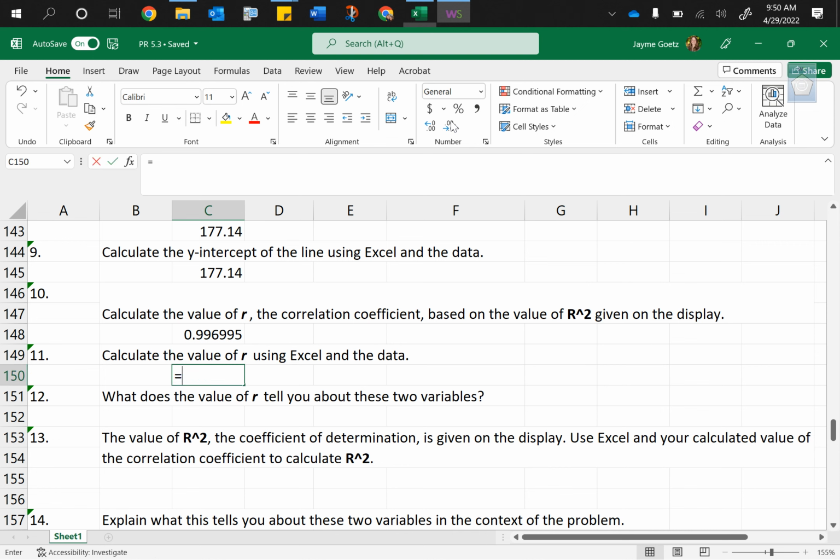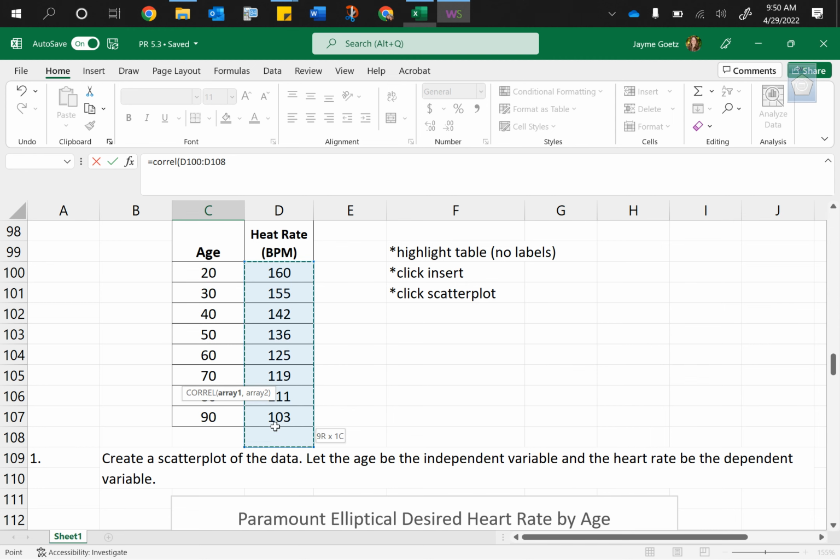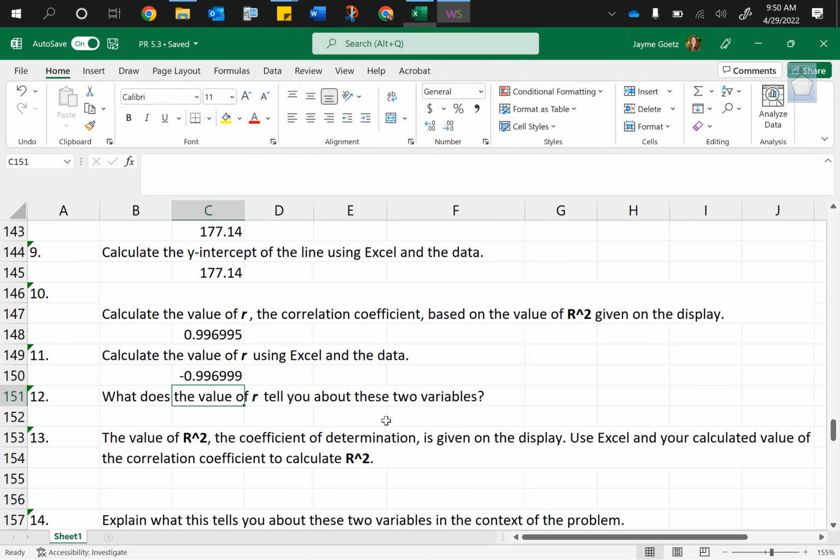Then they want you to find the value of r using Excel. So CORREL. Again, come up here and your y's and your x's. And you'll notice something.